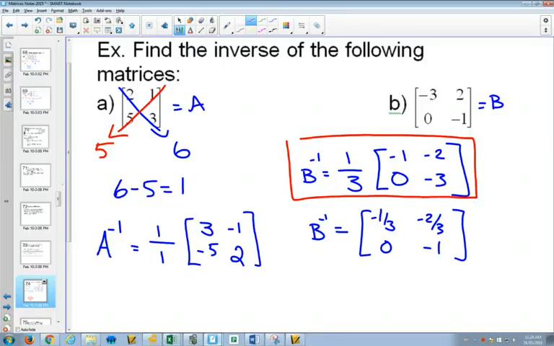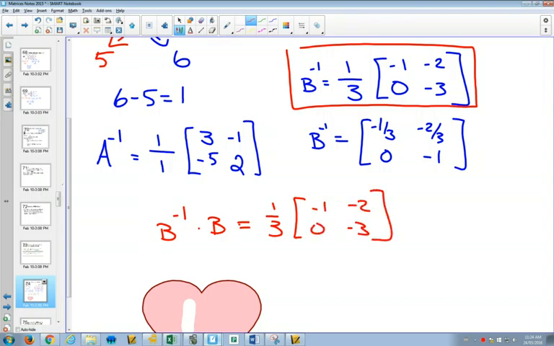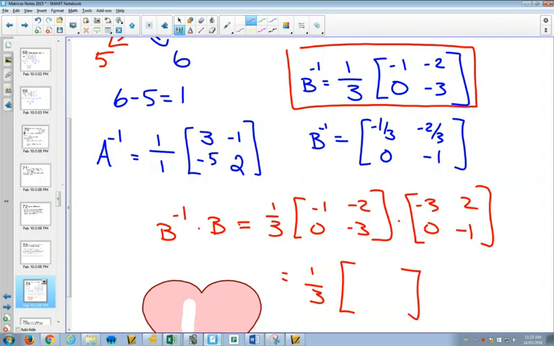For example, if you wanted to multiply B inverse by B, if I kept that 1/3 out in front, and then I wrote B, what am I going to get?